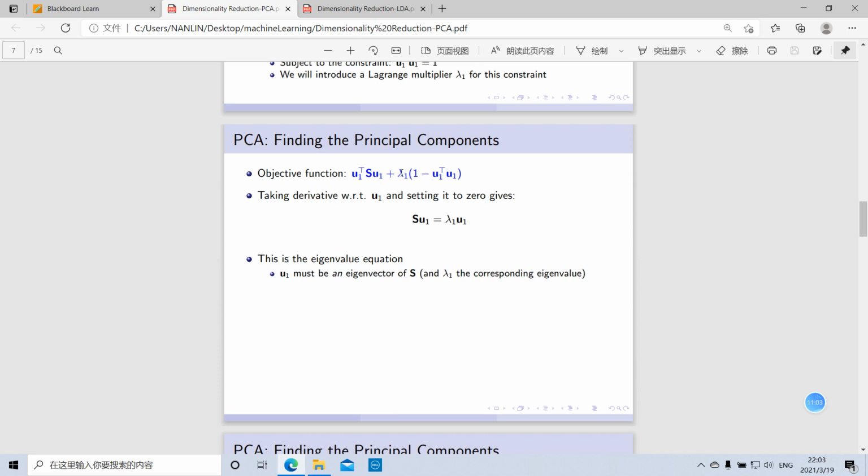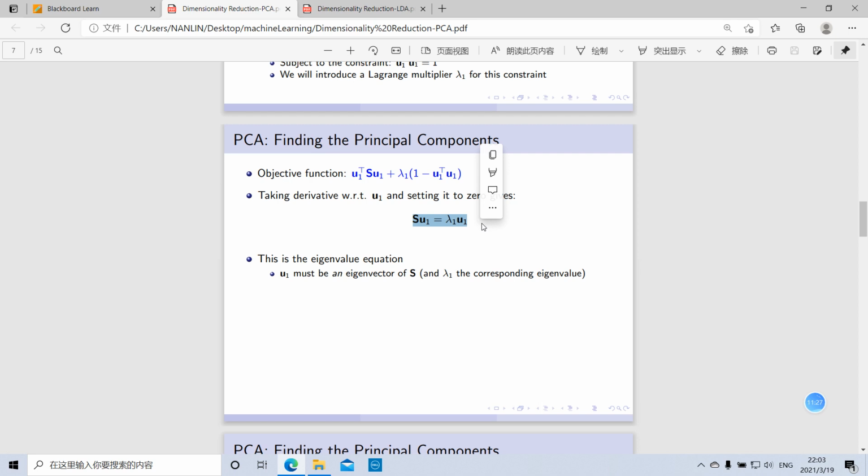So now we add a multiplier, and then we take the derivative with respect to U1, and if we set it to 0, this will simplify like that. So now we get an eigenvalue equation.